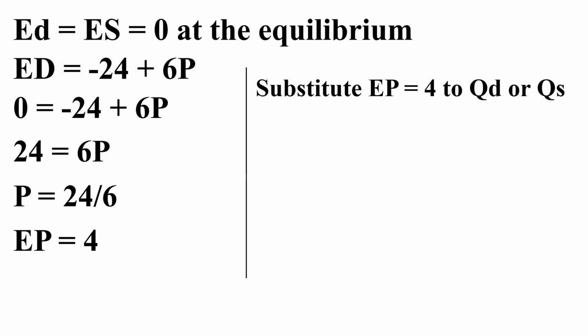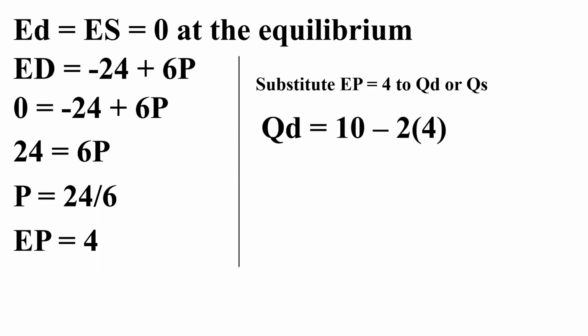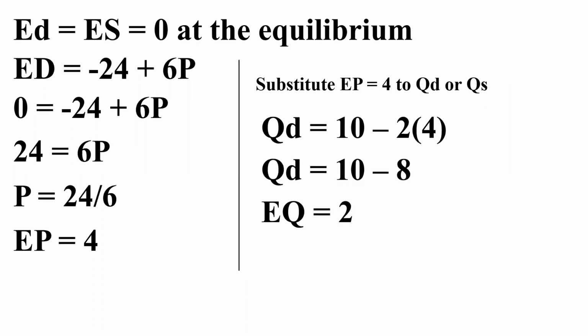If the price is 4, I apply it to the demand equation, QD equals 10 minus 2 into 4. So the equilibrium quantity is 2. That's how we calculate the equilibrium price and quantity. Write down all of these in the third column.